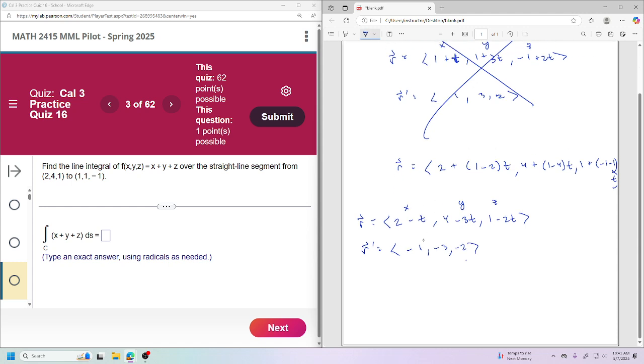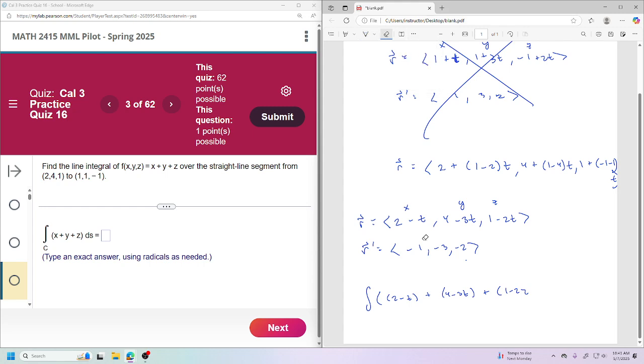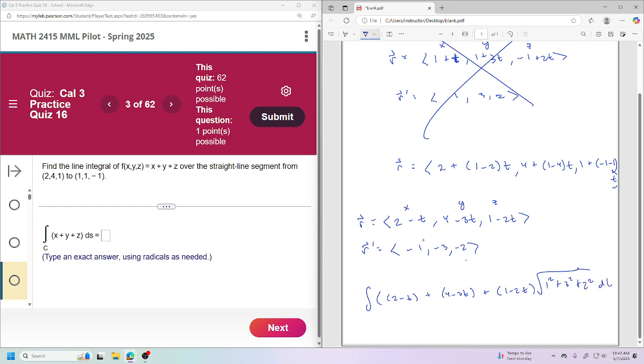And then I need to put them into my integral. So then I got x, 2 minus t, plus y, 4 minus 3t, plus z, 1 minus 2t. And then square root of my derivative: 1 squared, 3 squared, 2 squared, dt. Combine like terms.